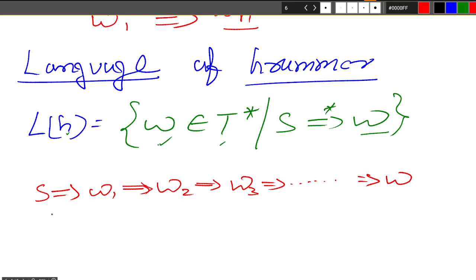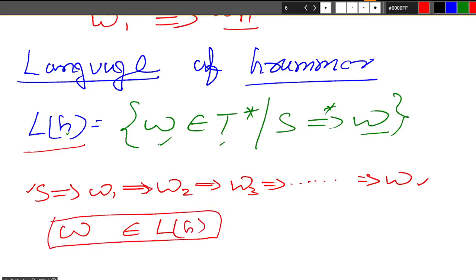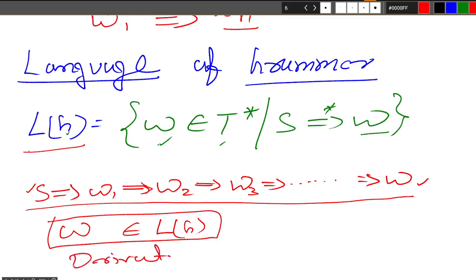So if there is a possibility that you started from S, the starting variable, and somehow by replacing you are getting this word w, then this w is a part of your language L. So you can say w is part of the language of this grammar G. And this thing, reaching w from S, you can call it the derivation of w.